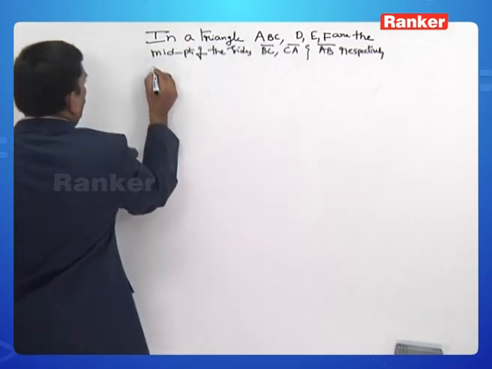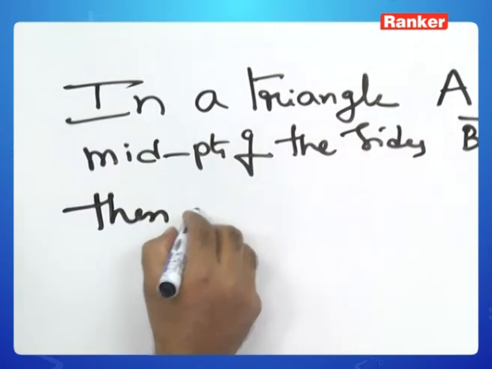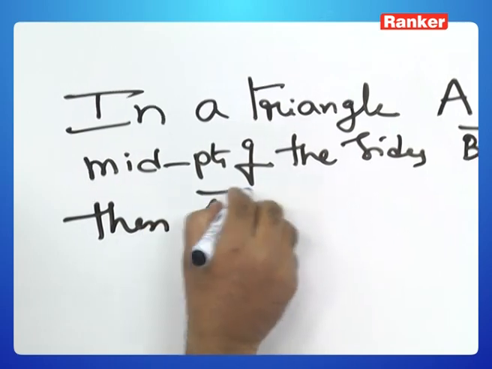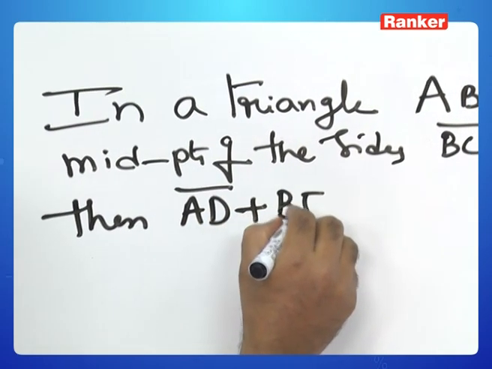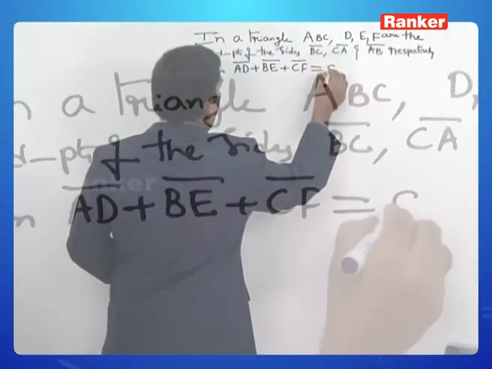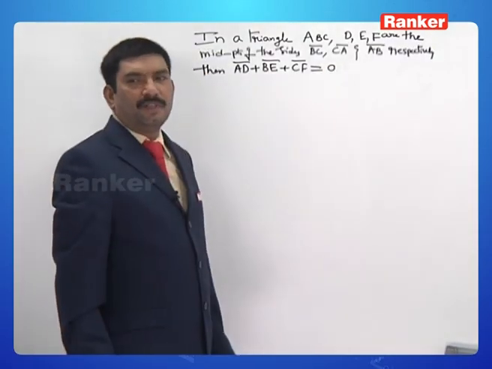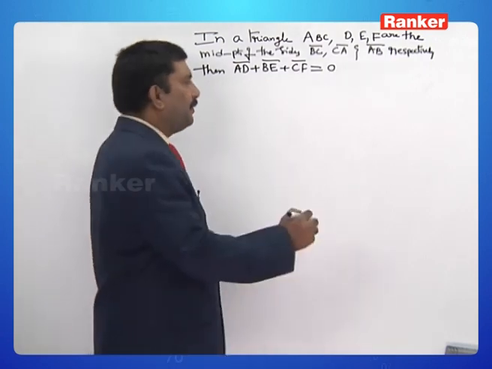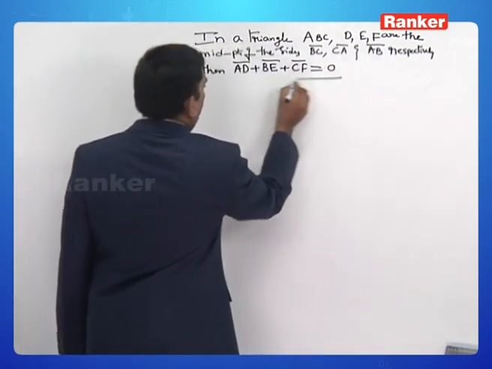Then AD bar plus BE bar plus CF bar is equal to 0 bar. We have to prove that.